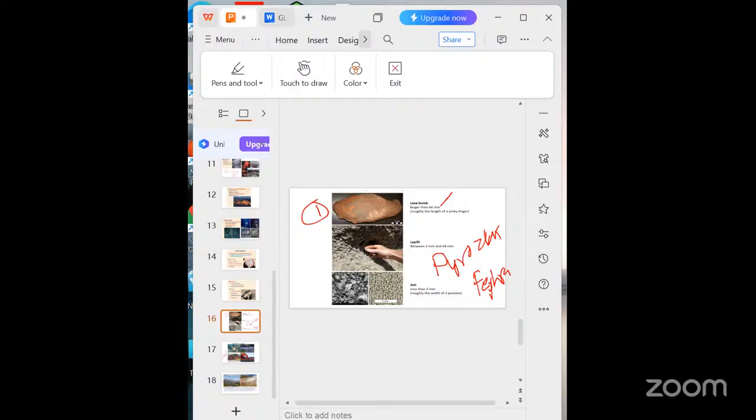Bombs are large blobs of lava that are ejected and cool as they travel through the air, causing many to take on streamlined shapes also, right? Those are the lava blocks and bombs, greater than 64 mm, okay?